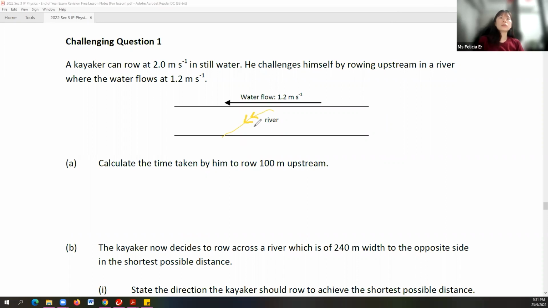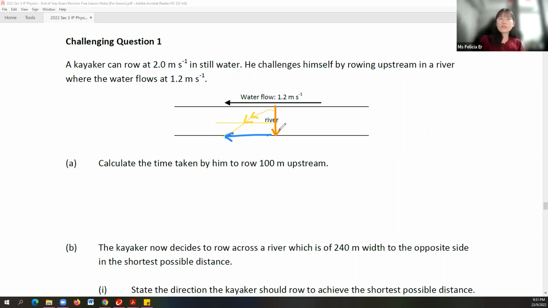So with the water flowing, the way you row this time around, you should actually row this way instead. Because when you row this way, and the water pushes you this way, this will be the resultant. Do you realize, like a Pythagoras, it is C squared equals A squared plus B squared. So that means your speed plus the water speed gives you your resultant speed.